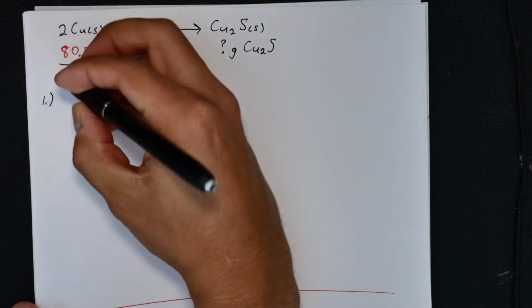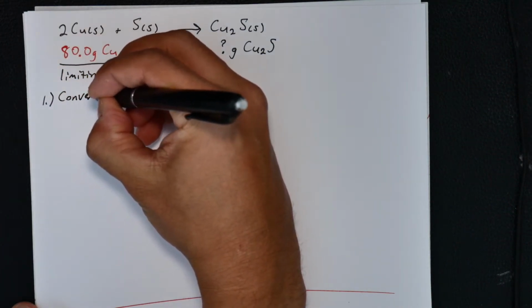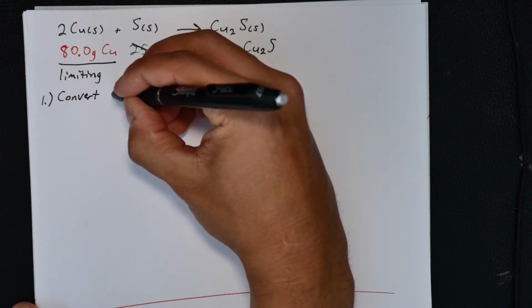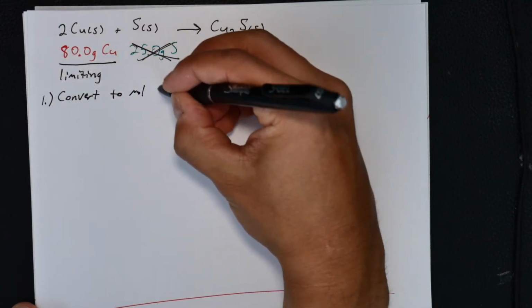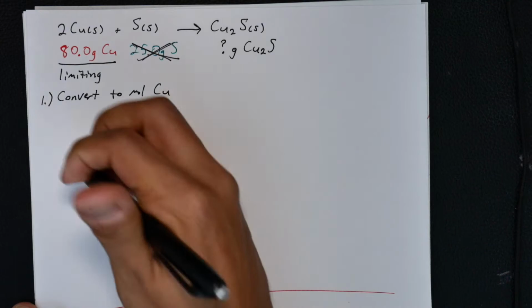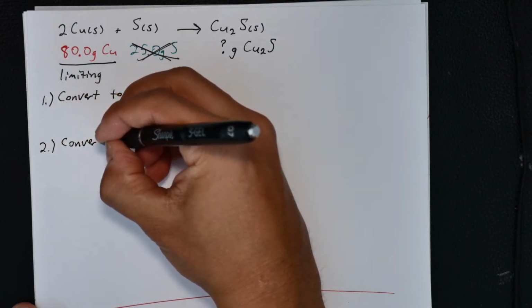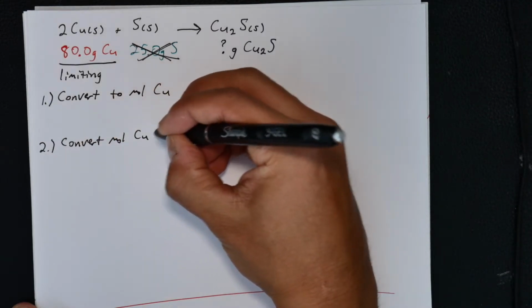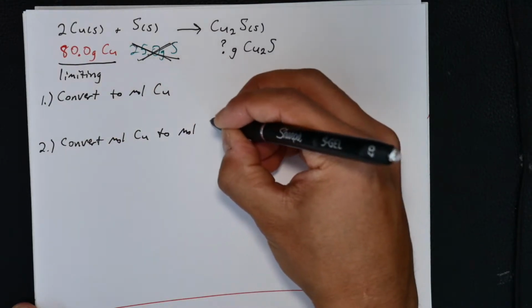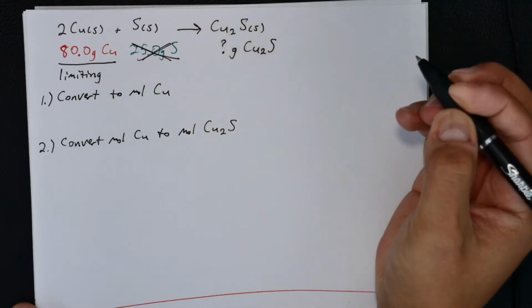Now it's just like a problem from the earlier parts of the chapter. Step 1 is always to convert to moles, so convert to moles of copper. Step 2 is to convert moles of copper to moles of copper 1 sulfide.